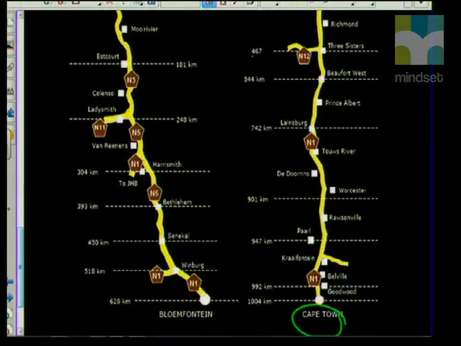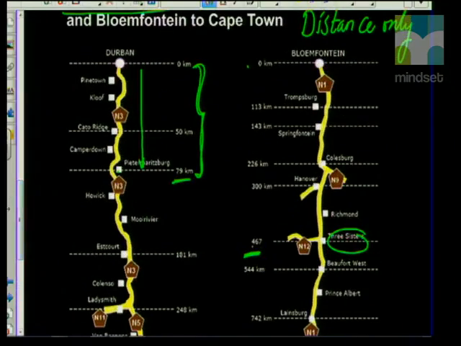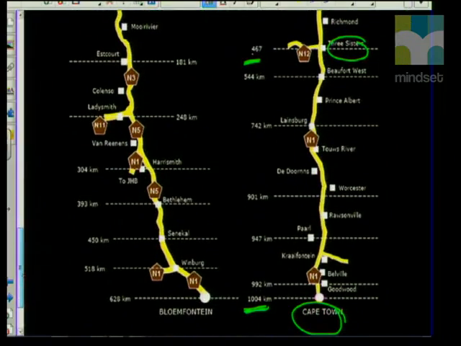Here's Cape Town and here's Three Sisters, and I'll notice that this is my 1,400 kilometers, so that's my end value. I've now got another value here of 467 kilometers. Now please note that this is the distance from Bloemfontein to Three Sisters. I don't need to count up this part of the journey. I only need to count up the part from here to there.